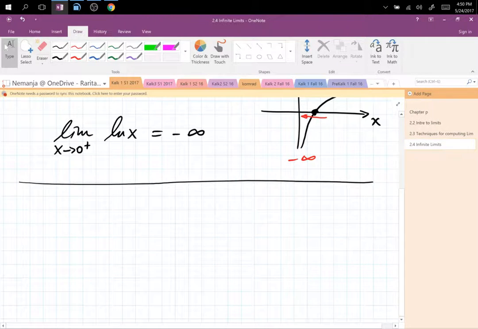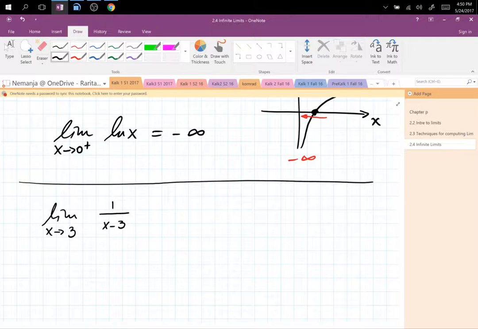Another example of this would be, let's say, a limit as x goes to 3 of 1 over x minus 3... Actually, I don't like that one. X minus 3 squared.